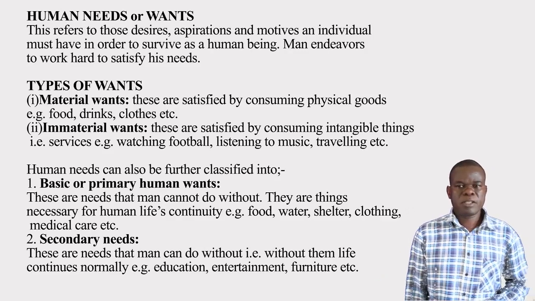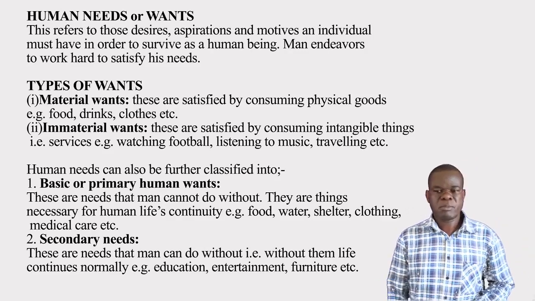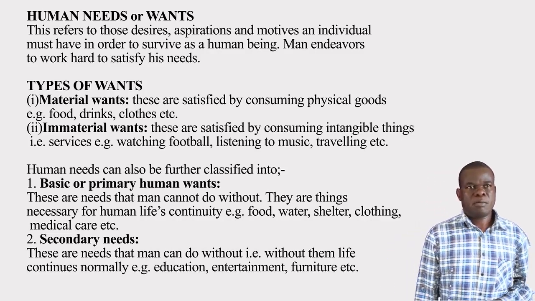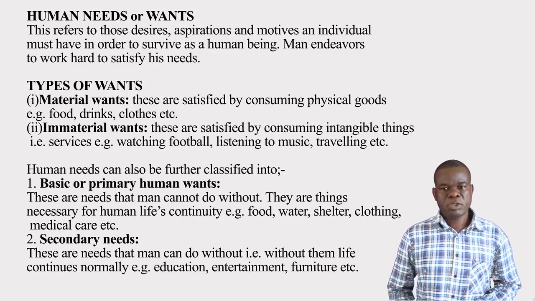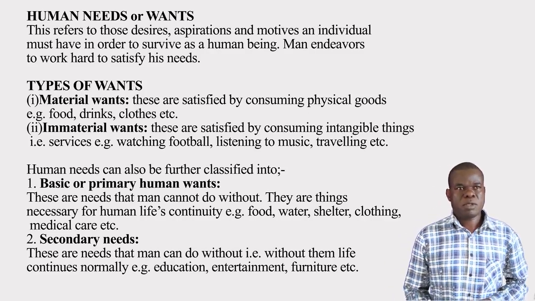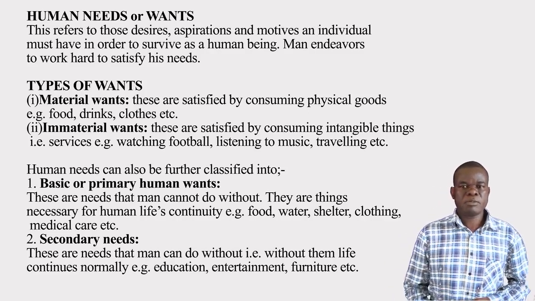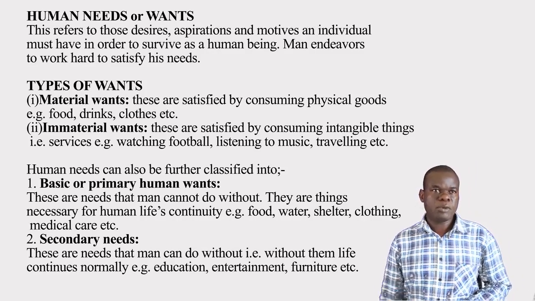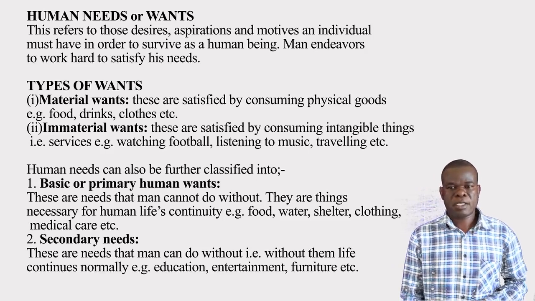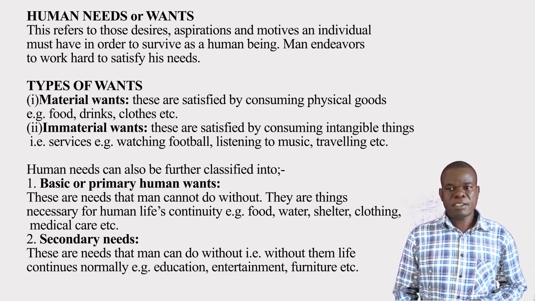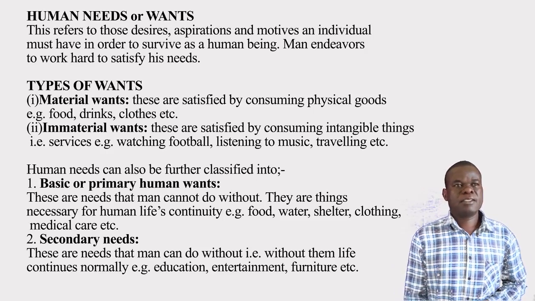Human needs can also further be classified into primary or basic human wants. This refers to those needs that man can't do without, meaning that without them, life becomes impossible. For example, food, shelter, clothes, medical care, and others.